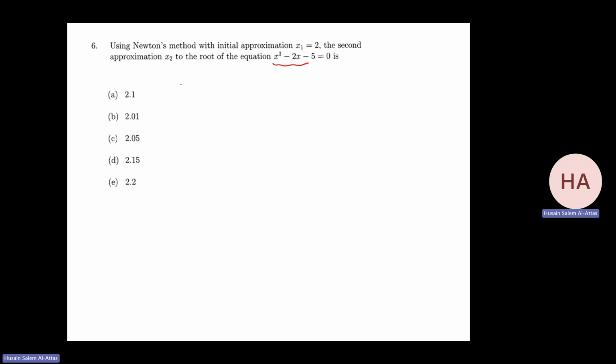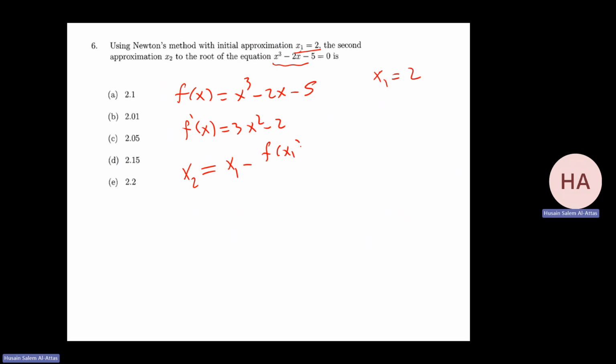So what is f of x here? x cubed minus 2x minus 5. I need f prime, so f prime of x is 3x squared minus 2. I have x1. As I said, he must give me x1, otherwise I cannot control the answer. x2 will be x1 minus f of x1 over f prime at x1.